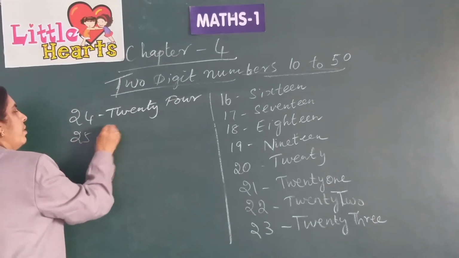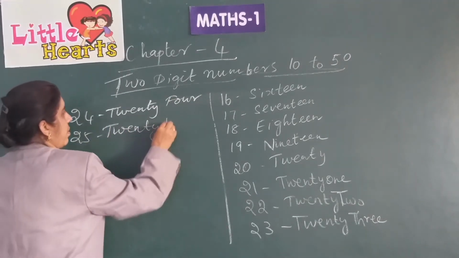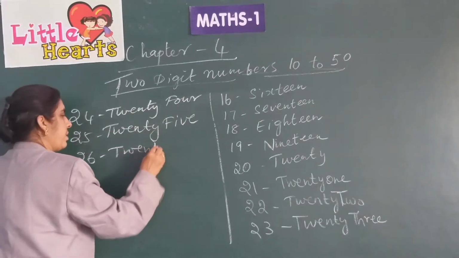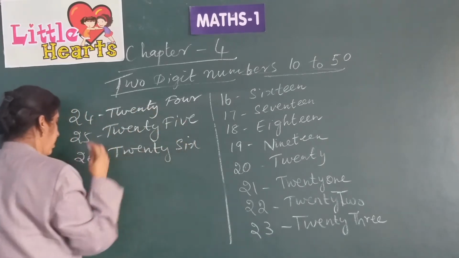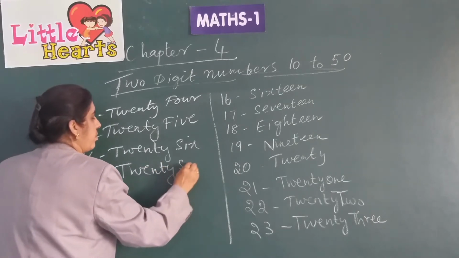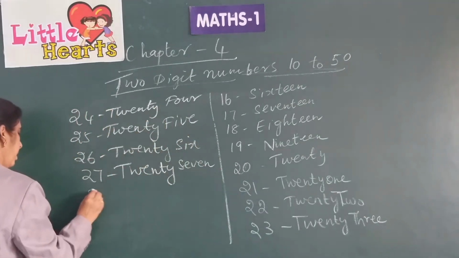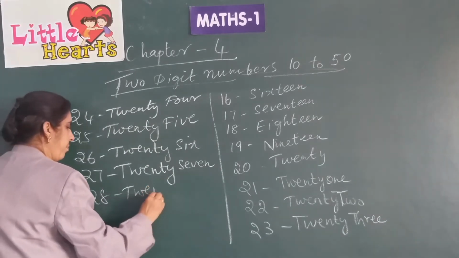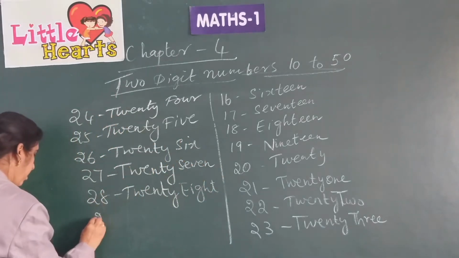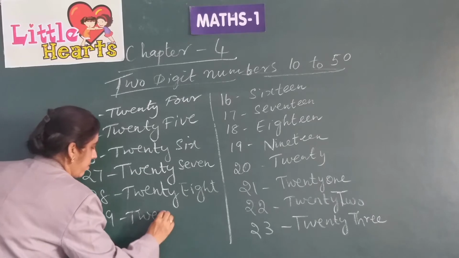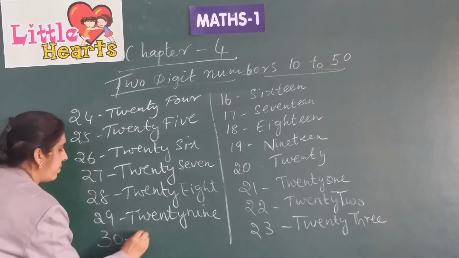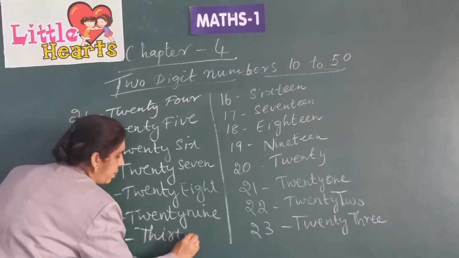Twenty-four, 25, 26, 27, 28, 29. After 29 comes 30, thirty.